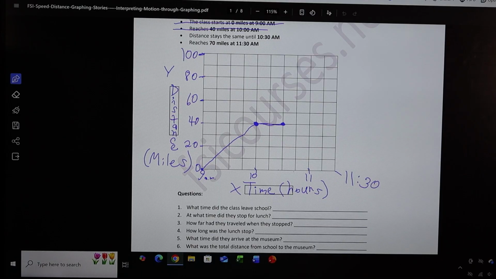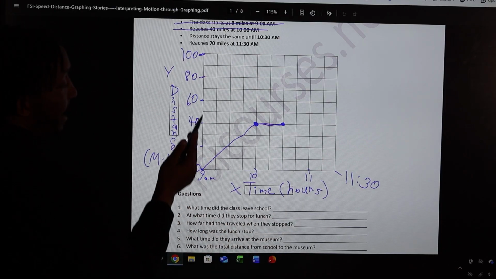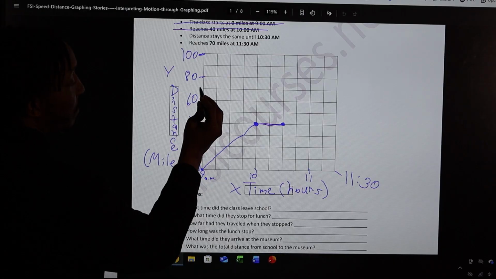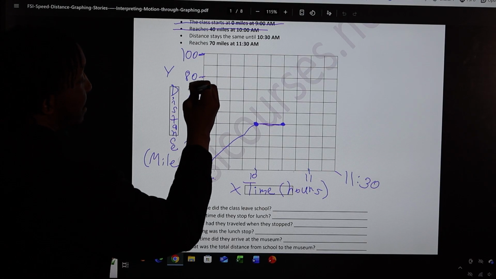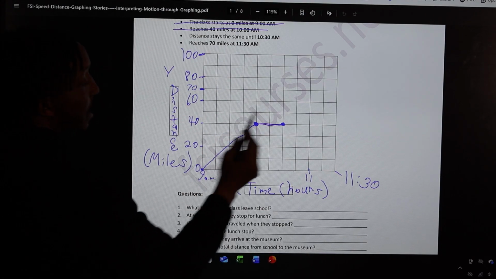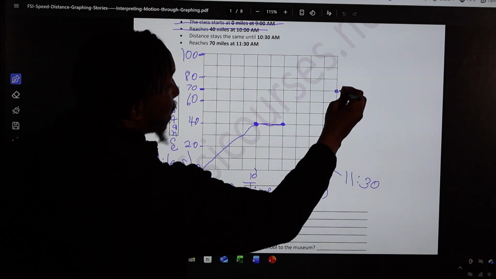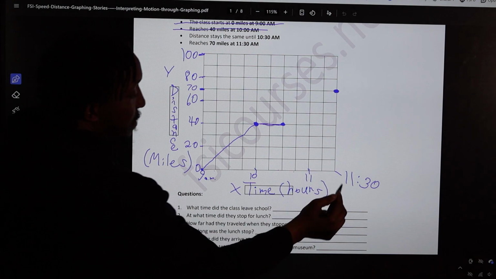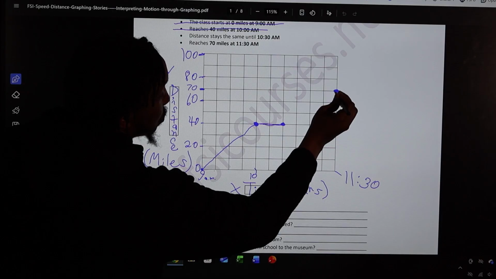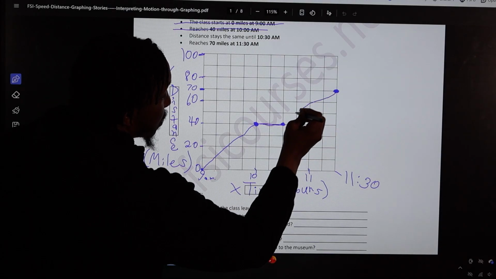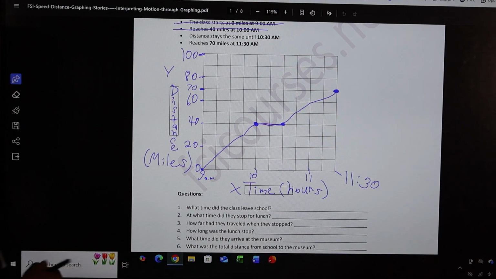And then it says reaches 70 miles at 11:30 a.m. So now here's 11:30 a.m., but here's 60, here's 80. So the number right in between has to be 70 right here. So I'm going to take this across and make my notch right here, and it comes down to 11:30. And then I'm just going to connect my dots. So this is how this graph looks.